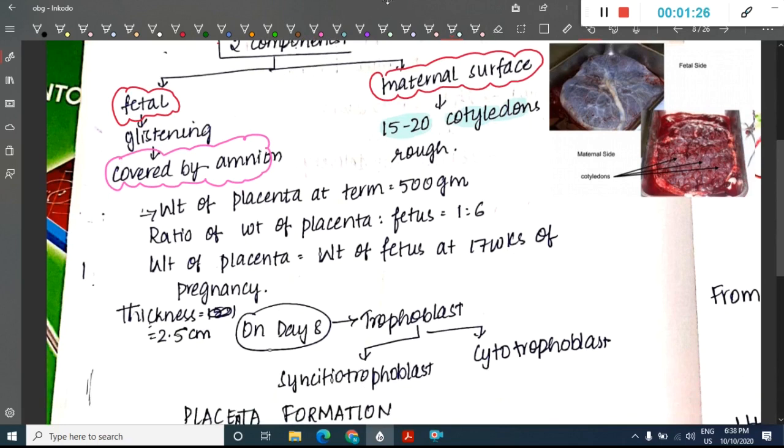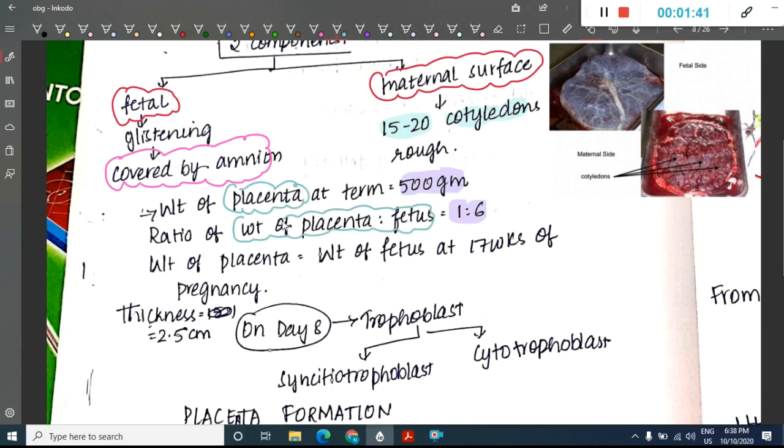What is the weight of placenta at term? Weight of placenta at term is 500 grams. Ratio of weight of placenta to the fetus is 1:6.